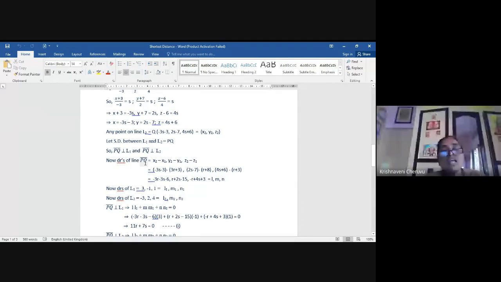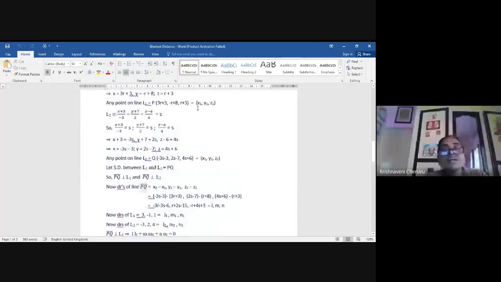I discussed already with you when I was discussing the lines, girls. When you know a line passing through 2 points, you can find out the DRs of that line. How will you find out the DRs of the line joining 2 points, girls? By writing the difference of x coordinates, the difference of y coordinates, the difference of z coordinates. You have now line PQ, girls, where P is x1, y1, z1.